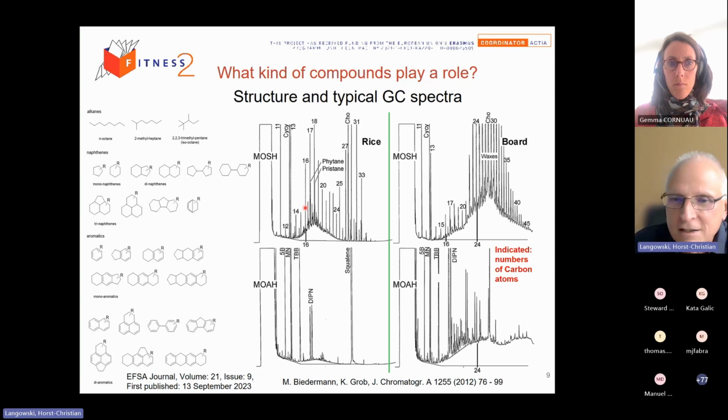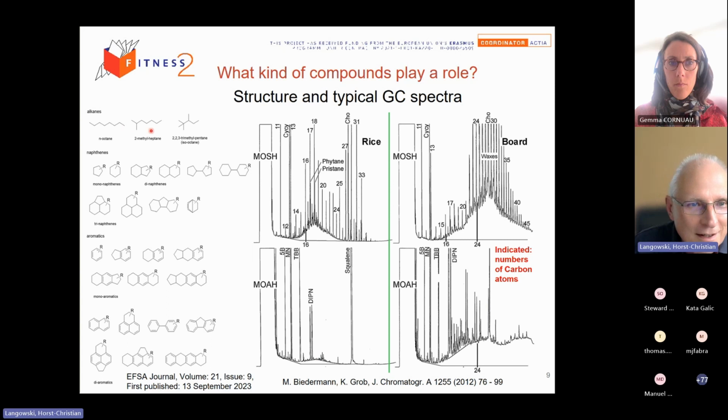This is already a relatively old investigation, but it still shows the problem very well. We have the MOSHs here and we have the MOAHs here. They may be separated. You see that MOAHs are less than MOSHs, but they appear in the product once again.